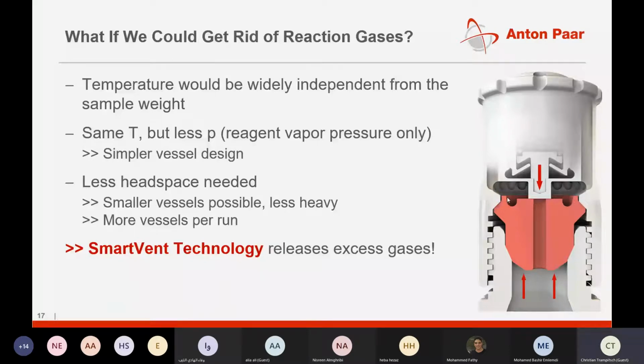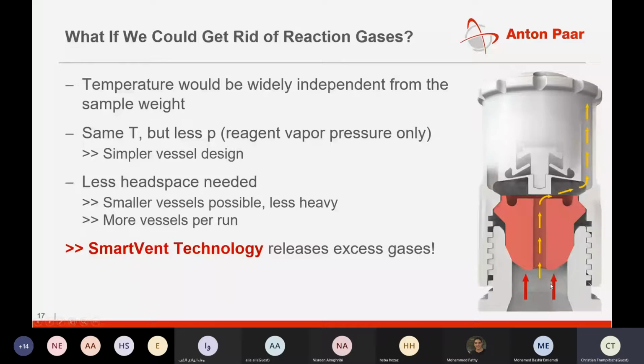And so the vessel is just closed. We make the run, we heat, we build up pressure, but the vessel is closed. If we exceed the pressure limit of this vessel, it will open shortly and release the overpressure.